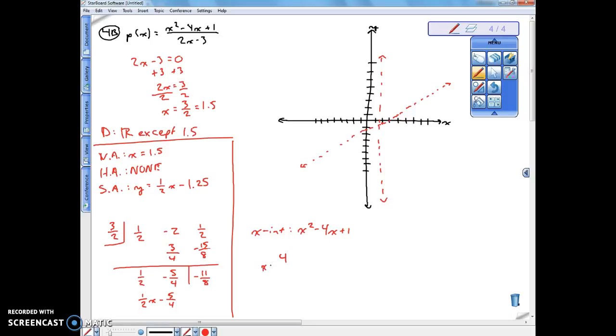I end up with x equals 4 plus or minus the square root of b squared, which is 16, minus 4 times a times c, which is just 1, all over 2. That gives you 4 plus or minus the square root of 12, all over 2.